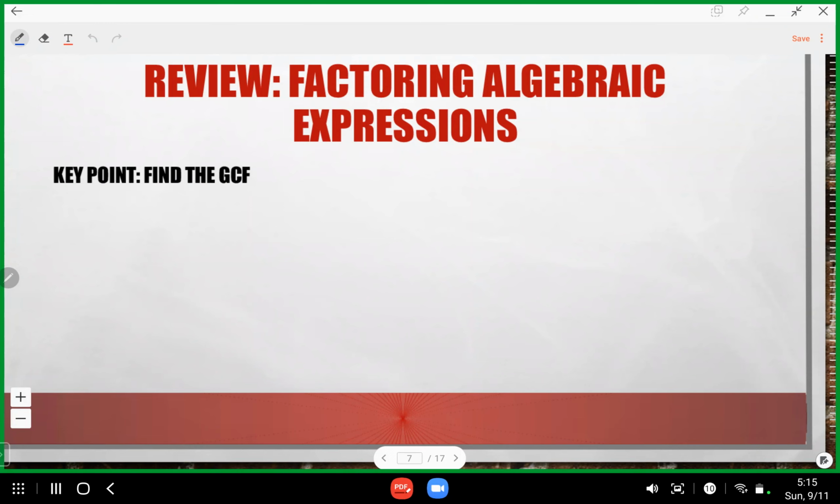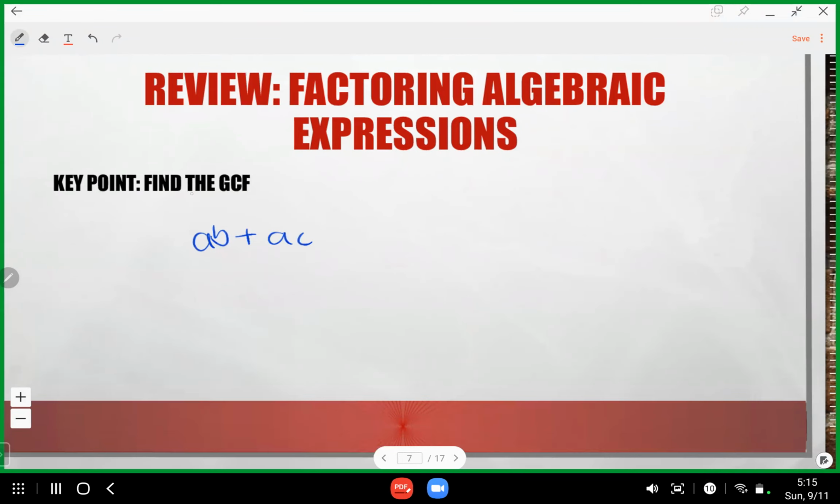So let's look at this. So if you have something like AB plus AC, each of these identities separated by subtraction or addition, you can count them as terms. So these are terms.